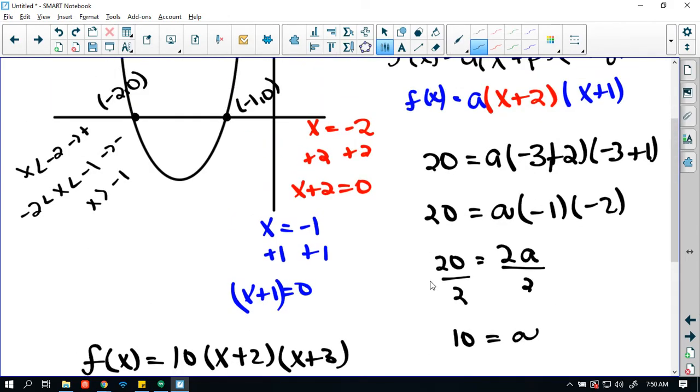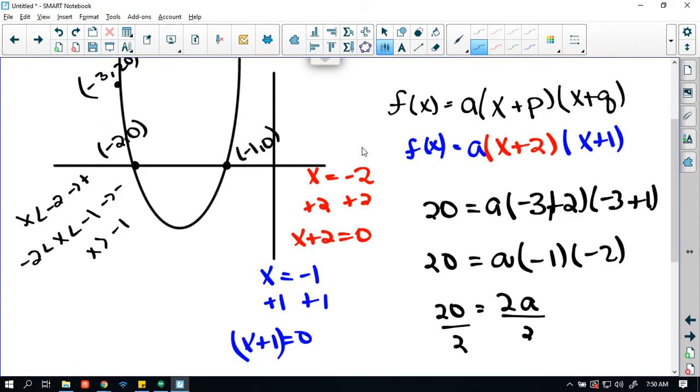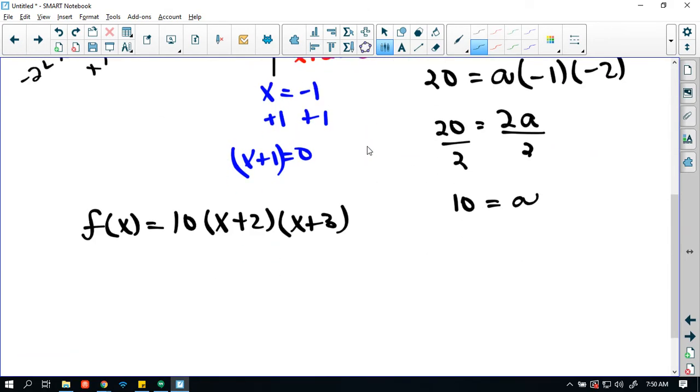Do they want it in standard form? Nope. Factored form is perfectly fine. If I did ask for standard form, I would do FOIL, or basically, if you want to think about it, x squared plus (p plus q)x plus p times q.